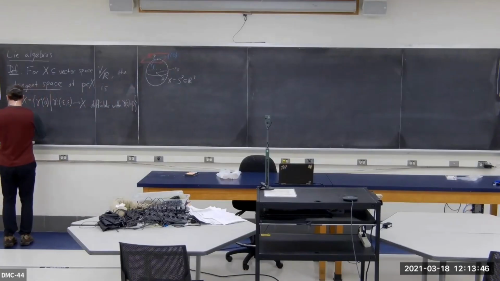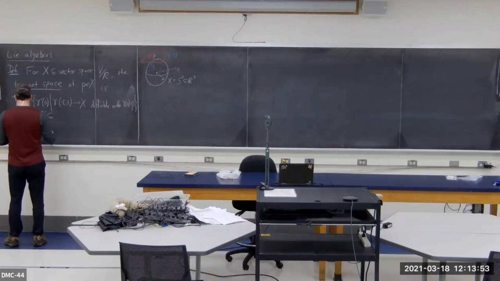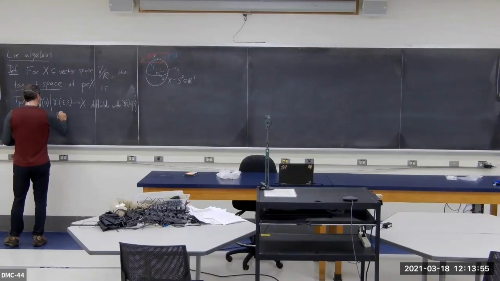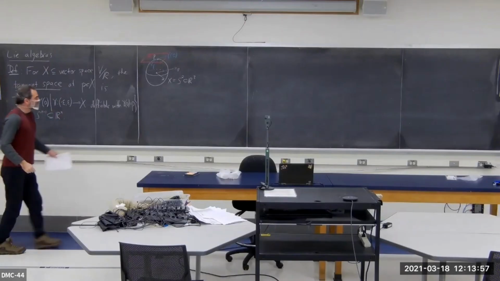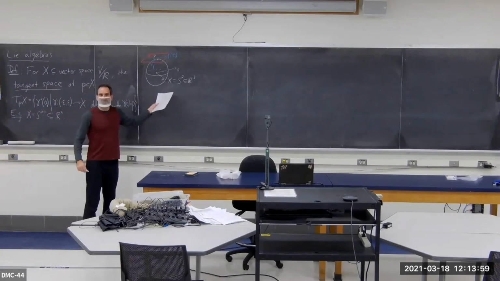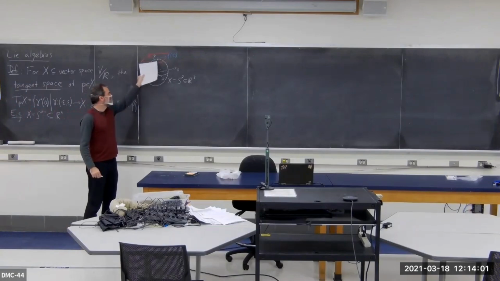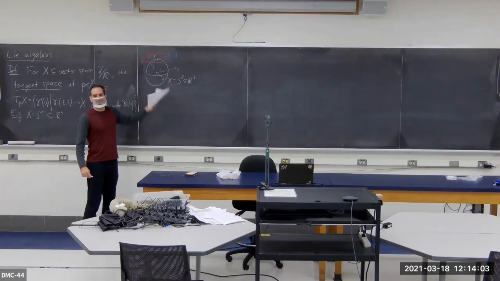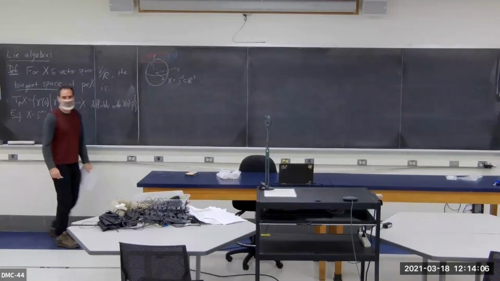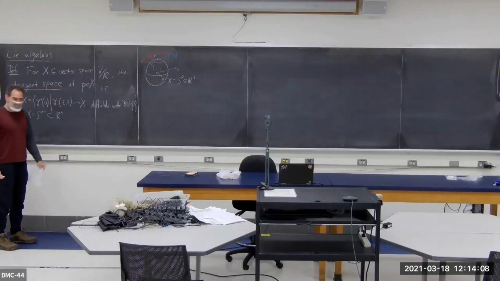Okay, so the example is going to be X = S^{n-1} contained in R^n. Now, we just drew the picture for S^2 and we convinced ourselves that this ought to be a plane. How do you prove that this is actually a two-dimensional plane in R^3? So what is the sphere?